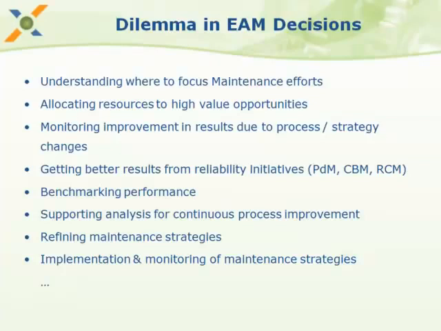Where should we actually focus, and where will we get the maximum benefit out of our efforts? Decision makers are also looking, if they have implemented a new process or changed a process in a particular way, to see and monitor the improvement in the results from that change.